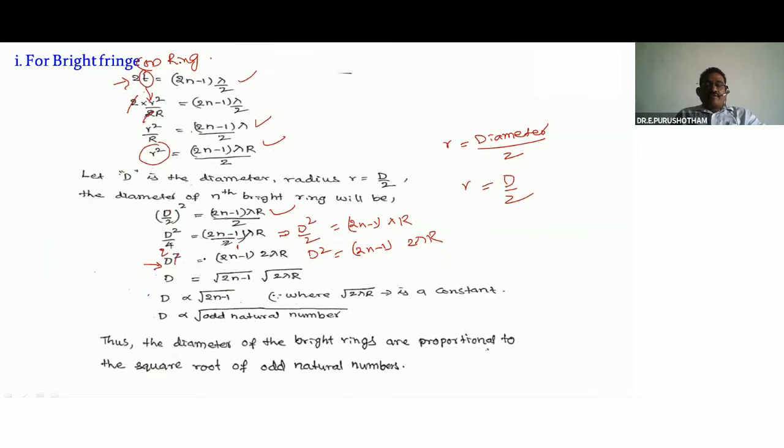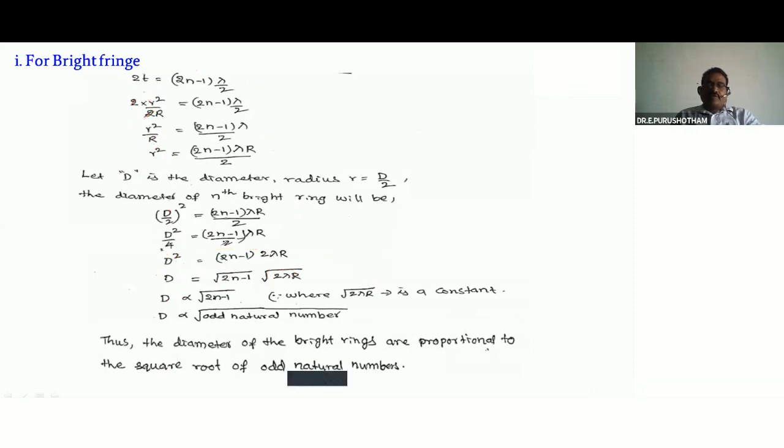Taking the whole root, D is root of (2n minus 1) into root of 2 lambda R. The 2 is constant, lambda, 5893 angstroms, is constant, and the radius of curvature is also constant. So we can write D is directly proportional to root of (2n minus 1).